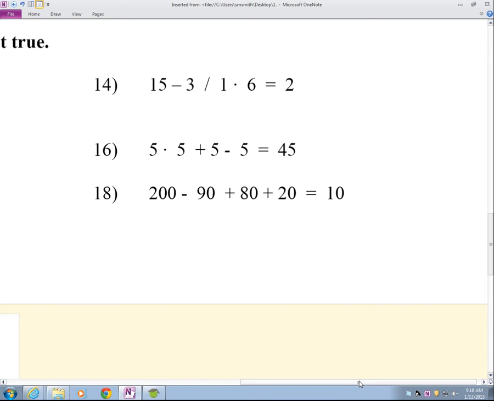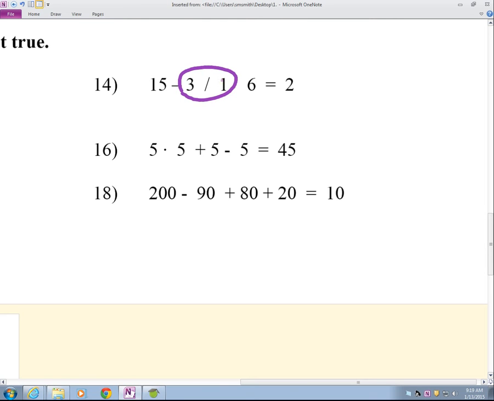Now for these ones, we'll do number 14 together. Actually, no, I'll lead it through. If I were to do this without any parentheses, I'm going to go left to right. What can this be rewritten as?